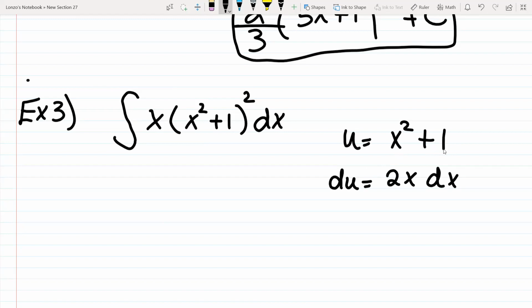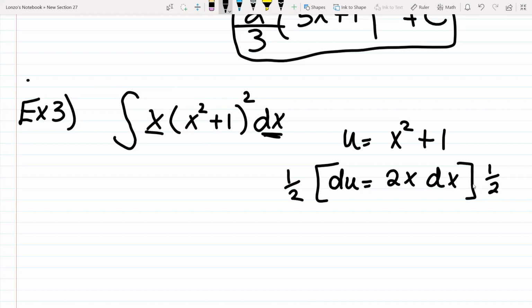We'll definitely use x squared plus 1, but the thing is, we don't have a 2x dx in our problem. We only have an x and a dx. We don't have this 2. So what you're going to have to do to make it like x and dx is get rid of this 2. How to get rid of this 2 is you're going to multiply both sides by the reciprocal of 2, which is 1/2.